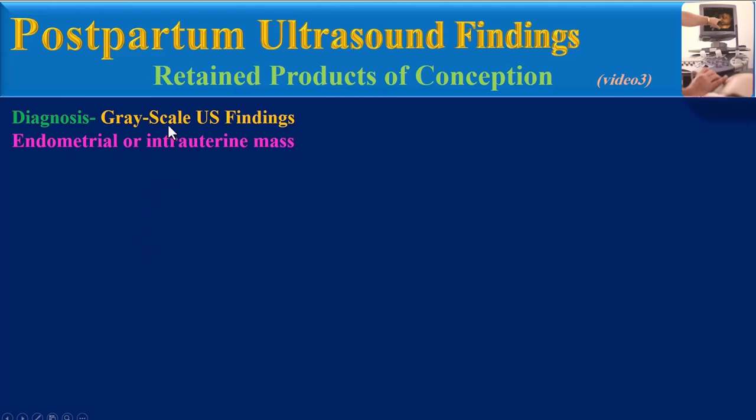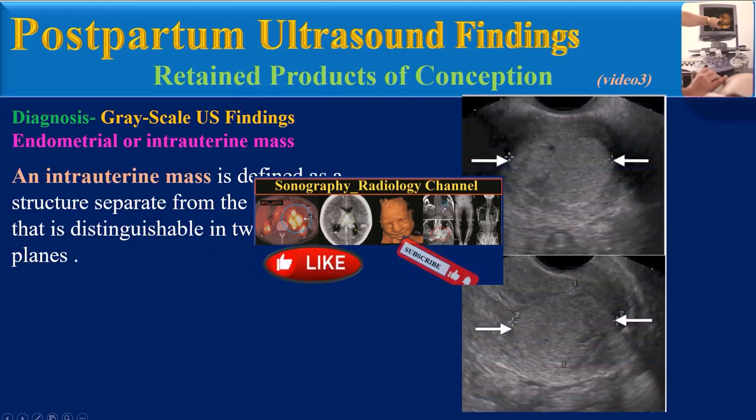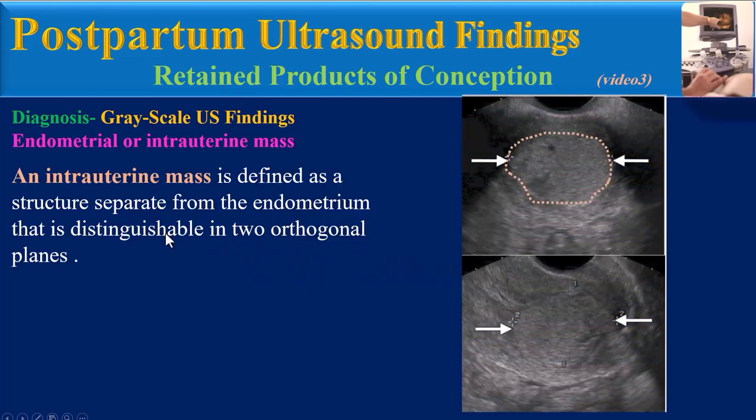Another grayscale ultrasound finding is endometrial or intrauterine mass. An intrauterine mass is defined as a structure separate from the endometrium that is distinguishable in two orthogonal planes.